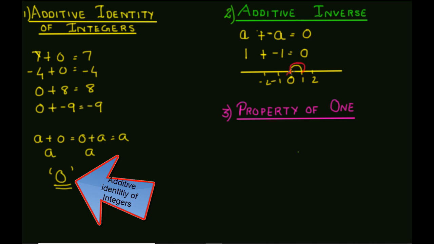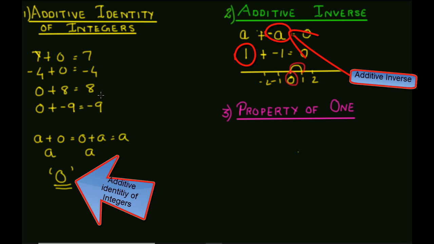Where do you reach? You get a 0. So that is why we say that the additive inverse of a positive integer is a negative integer, and the additive inverse of a negative integer is a positive integer. And the sum of the opposites of the integers gives you a 0.